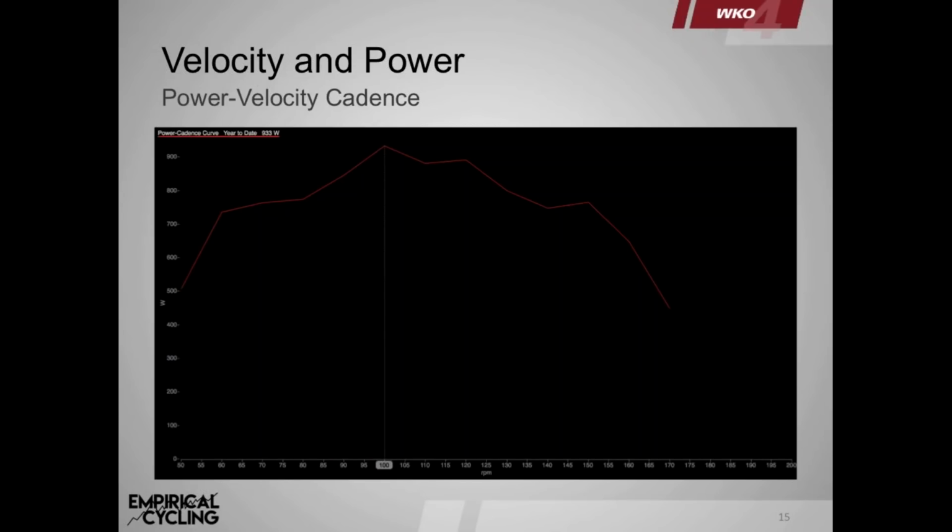So this is the same athlete as I just showed you for the force velocity graph. And this is her power velocity graph. I titled the chart Power Velocity Cadence because on the y-axis I have cadence instead of velocity in meters per second. So this is how you find the athlete's RPM naught: you look at where the peak power comes from.